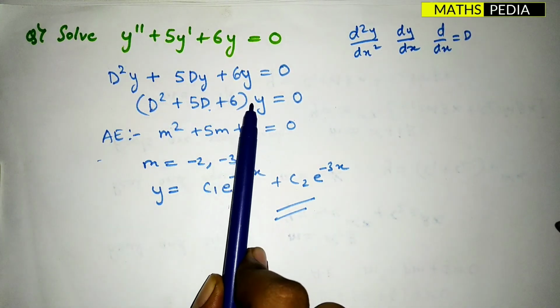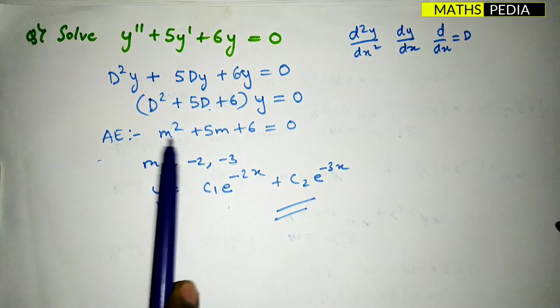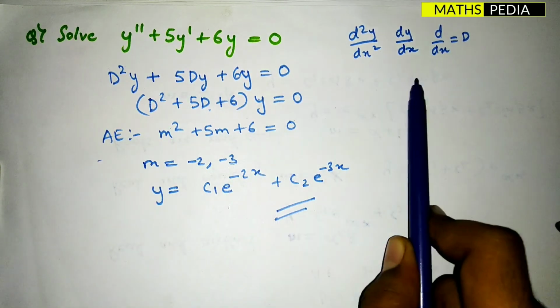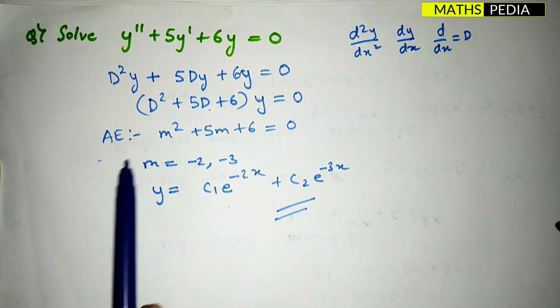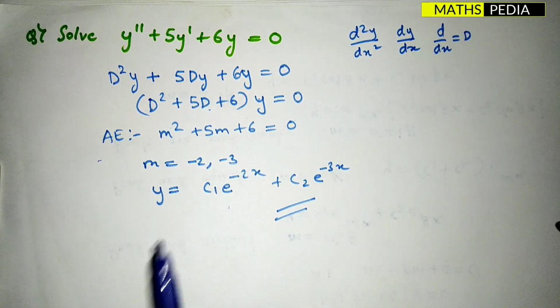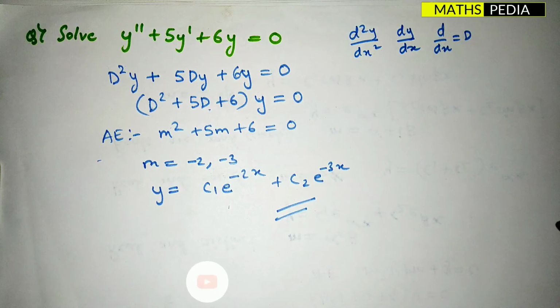Then you take y common, then for the auxiliary equation you ignore this y and just replace D with m, then find the roots and check in which case these roots lie. So this is the problem we have solved.